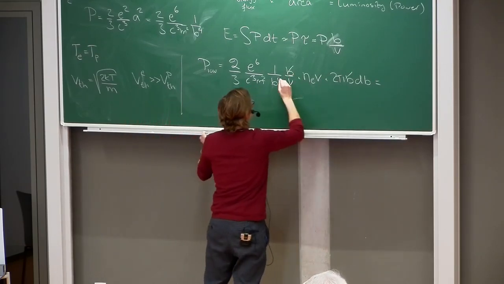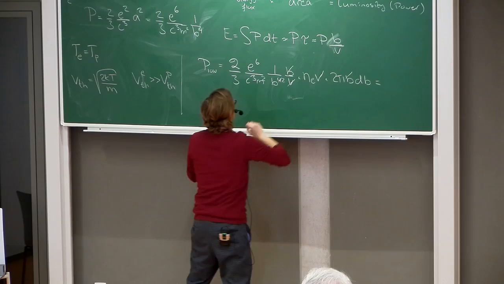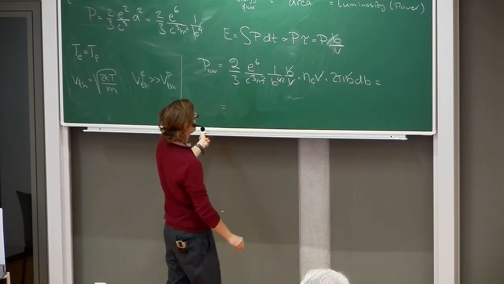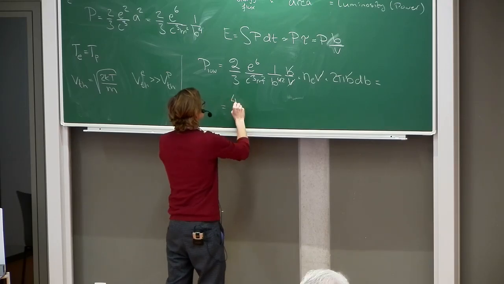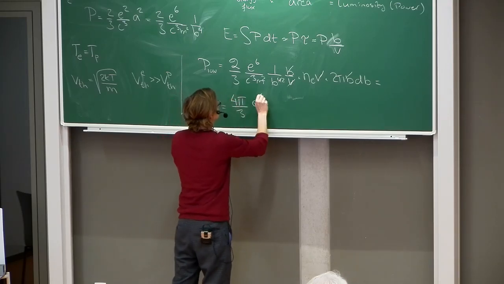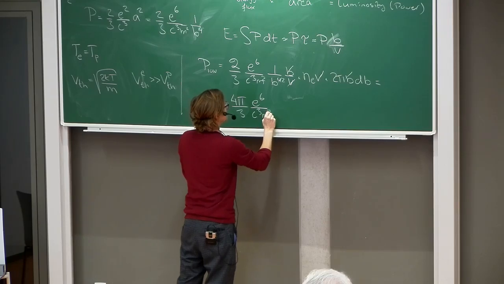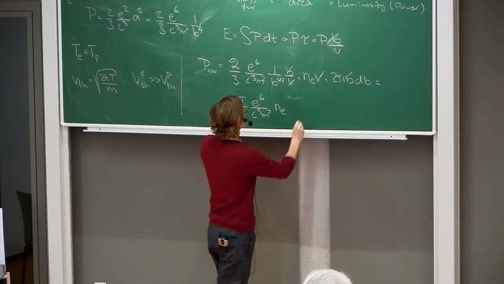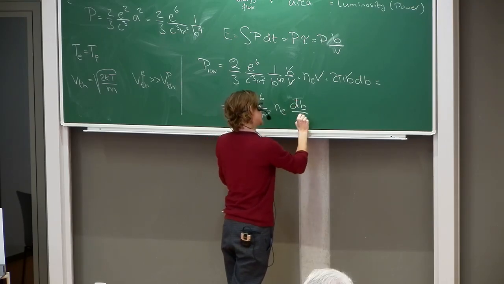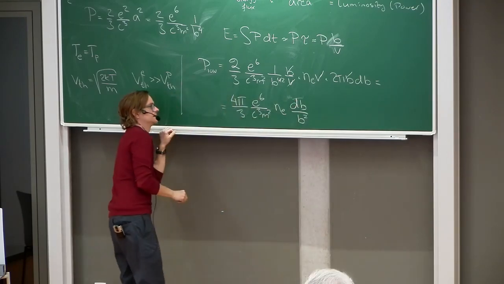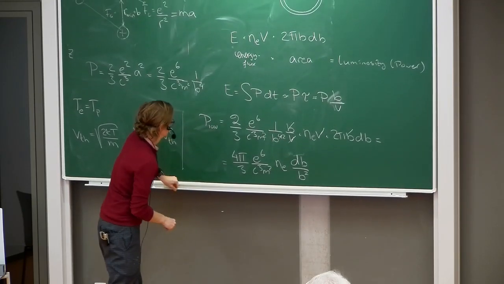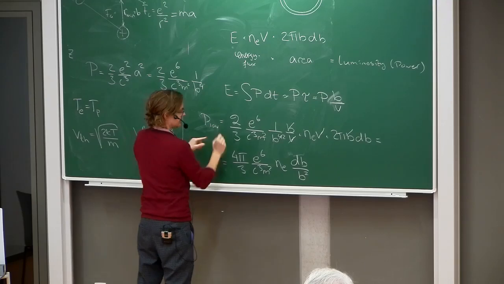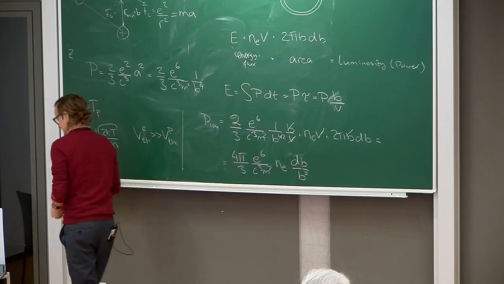We have 2 of these, so that becomes a 2. The velocities cancel. We have a 2 pi there, so we have something like a 4 pi then. So this looks like 4 pi e^6 over 3 c^3 m^2 times the number density of electrons, db divided by b squared. So that's then the power of the ion within this little annulus.